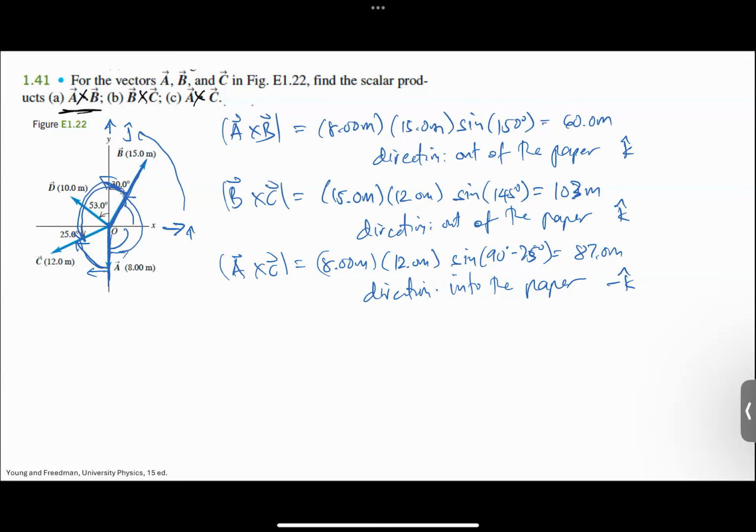Okay, so now let's do a vector rotation. So for A cross B, we have A as 8.0 meters I hat, cross, what is this again? Let's recall: 7.5 meters I hat plus 13 meters J hat.